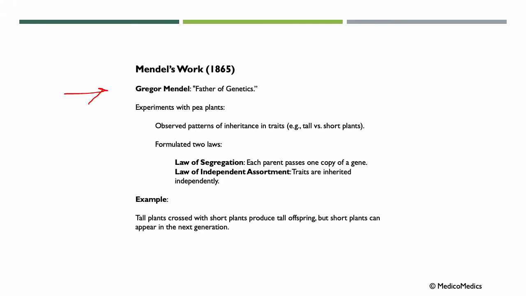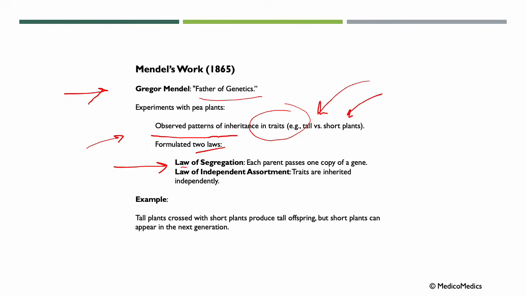So Gregor Mendel, called the father of genetics, experimented with pea plants, and he observed patterns of inheritance in traits, for example, tall versus short plants. And that led him to formulate two laws. First, the law of segregation. So each parent passes one copy of a gene. He also formulated the law of independent assortment.